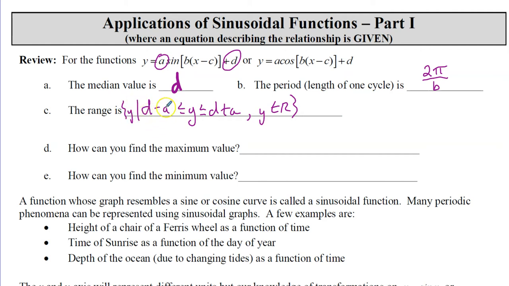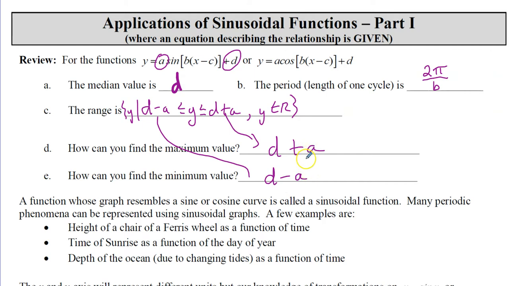So from the middle minus the amplitude, that takes you to the bottom, and the middle plus the amplitude takes you to the top. How can you find the maximum value? The maximum value is d plus a, and the minimum value is d minus a.